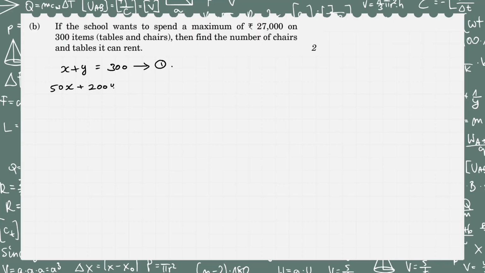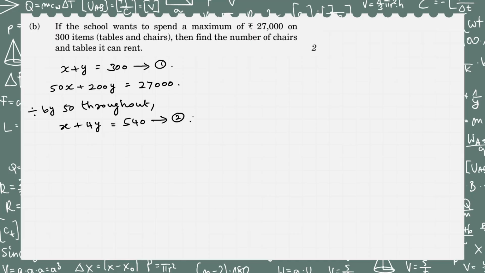So for y tables it is 200y, but the amount they are going to give this time is only 27,000. Okay, so now we have to divide the second equation by 50 as usual. Divide by 50 throughout. We are having x plus 4y equal to 540. So we are calling this the second equation.